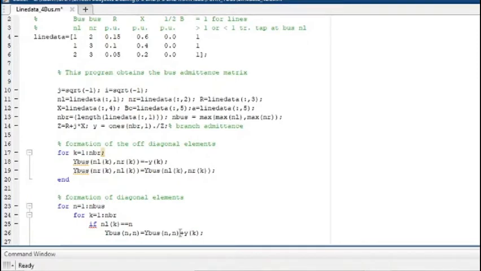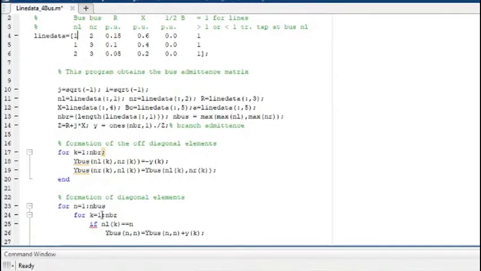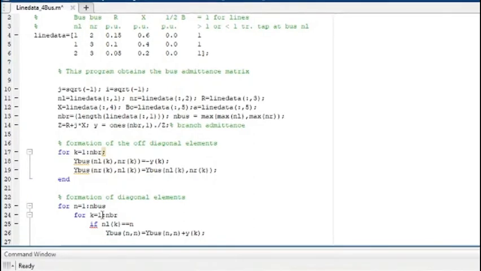The previous Y bus 1 comma 1 is not there, so it will be 0. Then it will move to k is equal to 2. If k is equal to 2, then what is going to happen? I will explain by using the concept.